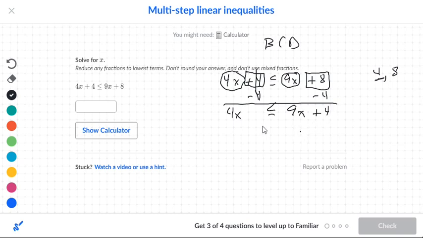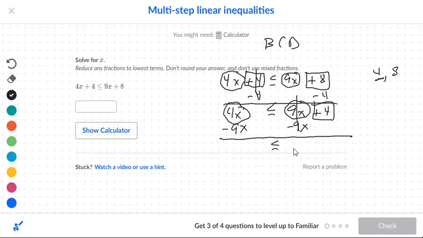Okay, what I want to do now is code the problem, so I'm going to circle, circle, and box. So now I'm going to subtract off the 9x, so we're going to move the 9x, it's got to become a negative 9x. So we cross this out, this leaves me with the 4, and this becomes a negative 5x.